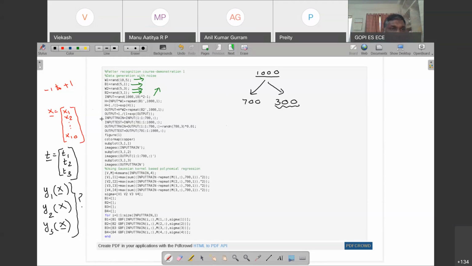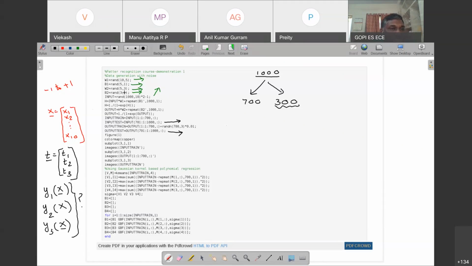In the testing part, we are not disturbing anything. We have the 300 inputs collected, and for the corresponding output we want y of x, and hence I have not added noise, because I want to check the relationship.